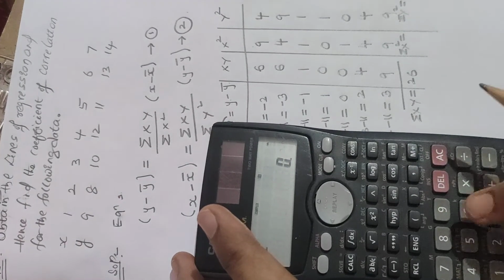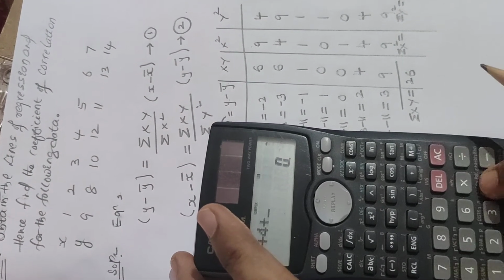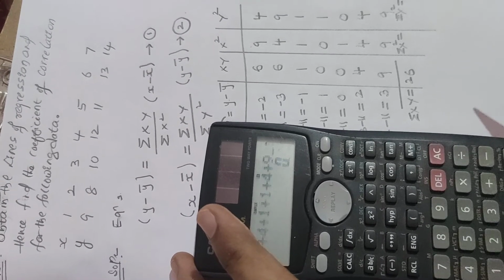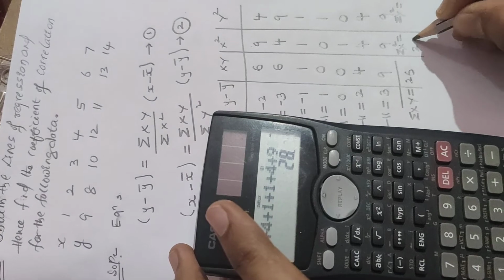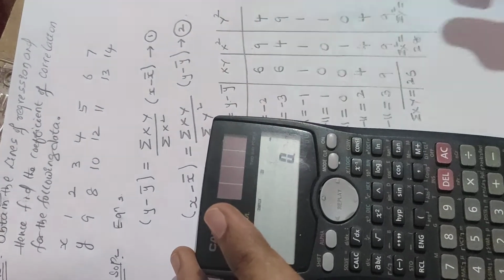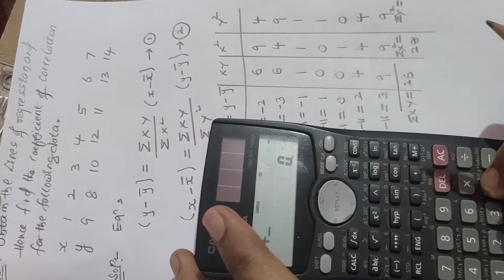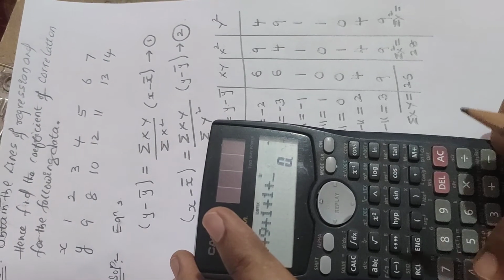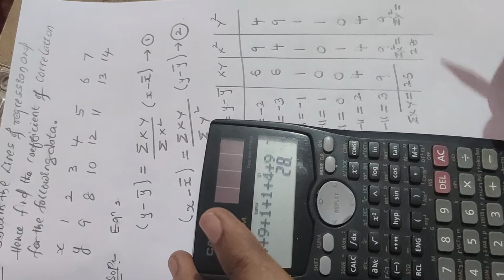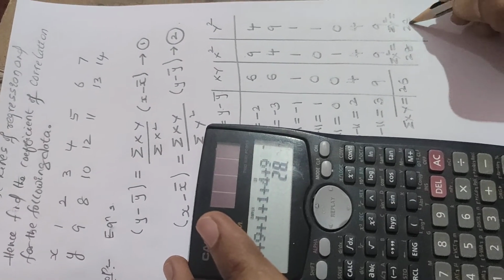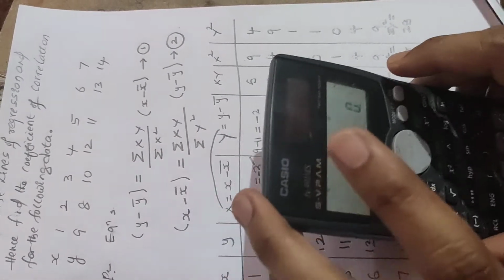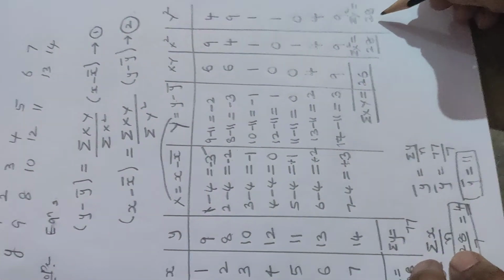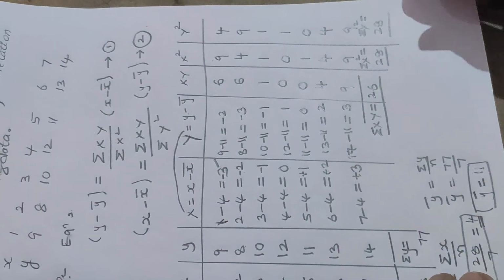Then next is 9 plus 4 plus 1 plus 1 plus 4 plus 9, that will give you 28. Sum of y square, same way you add up. 4 plus 9 plus 1 plus 1 plus 4 plus 9, that will also give you 28. So up to this we already know it. Sum of xy I got, sum of x square, sum of y square.